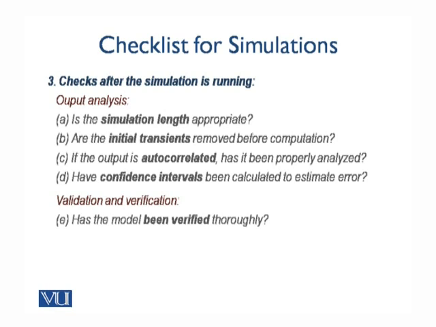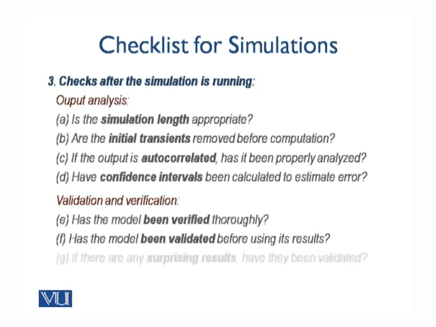Things like, has the model been verified thoroughly? Has the model been validated before using its results? If there are any surprising results, we must ensure that we have at least some idea of why such results are coming. We have to be careful in this regard, because we cannot completely predict everything that is going to happen in a simulation.